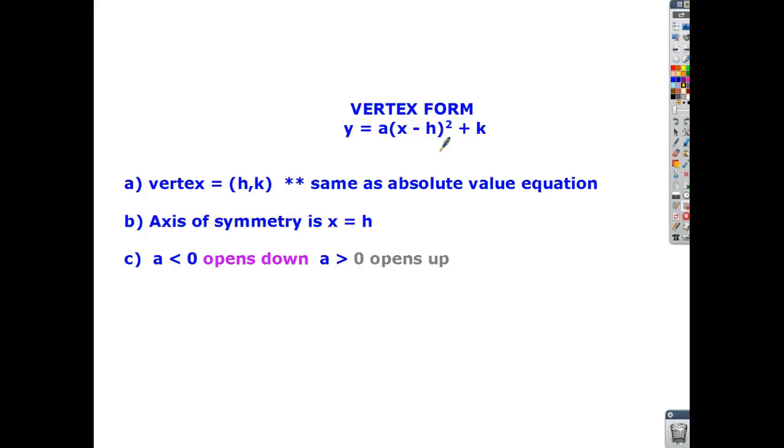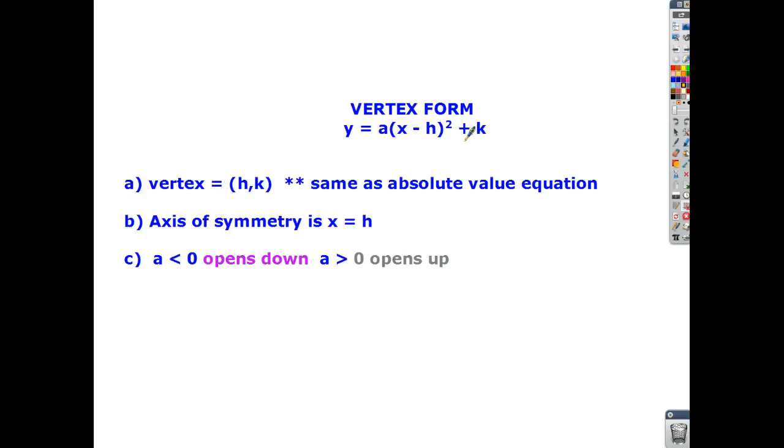The reason we set it up this way is because whatever h is, if we have x minus h, the whole thing ends up at 0, and then we're going to end up with y is equal to k. That's why h comma k will be the vertex. It gives us a nice handy way of quickly seeing the vertex without having to calculate negative b over 2a or any of that fun stuff.